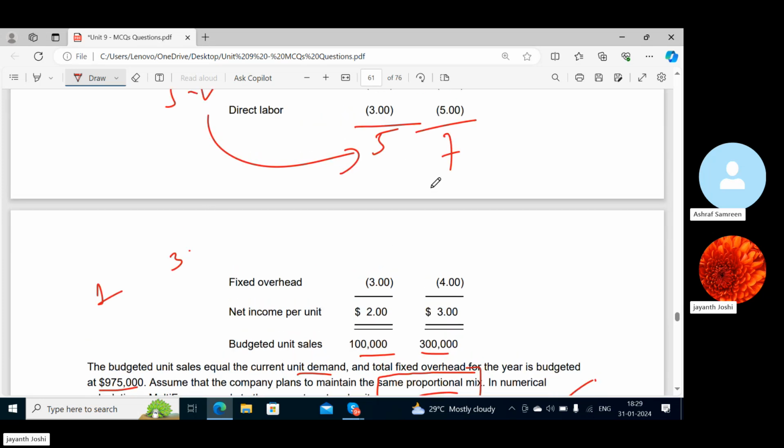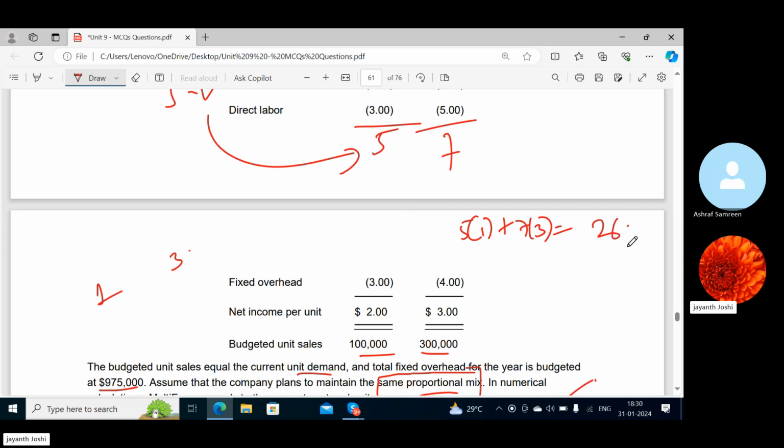So now we have to go for the calculation in that way. Composite unit contribution margin. So how we can go for composite: 5 into 1 plus 7 into 3.